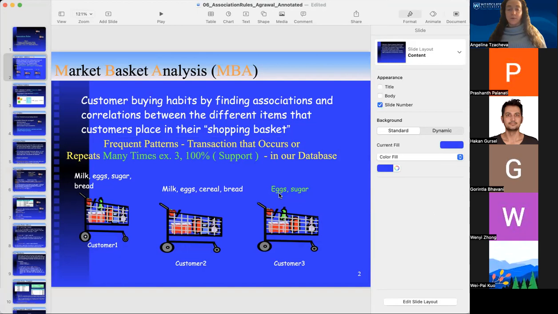Why do you think it's important to know that these items occur frequently, and what can we do with this information once we know this? Can you give an example of a business or a company that is using these associations of items like this?